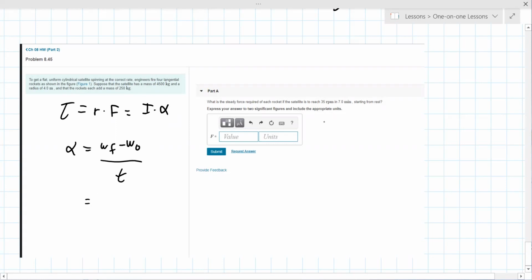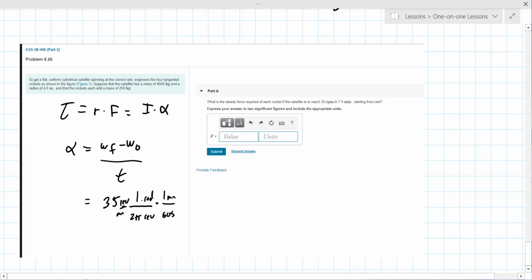So omega final is 35 revolutions per minute, but we know that there are 2 pi radians in 1 revolution, and in 1 minute there are 60 seconds.